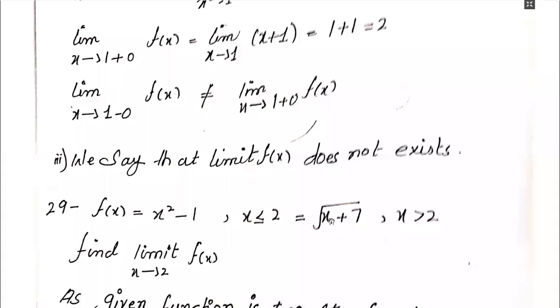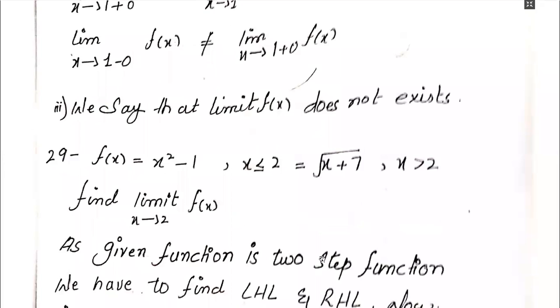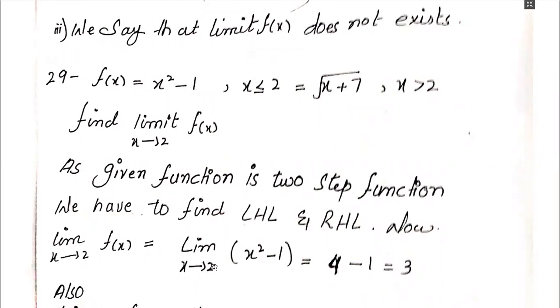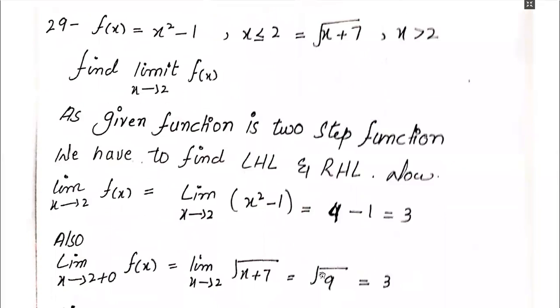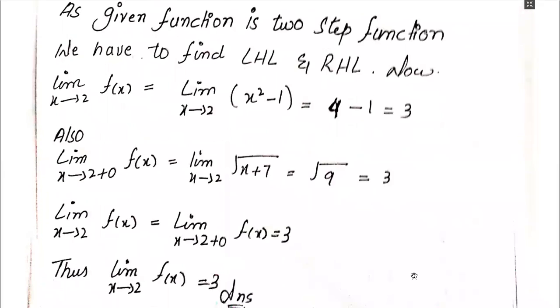For the right hand limit, we will take x greater than 2 and then apply the limit. See here. For the left hand limit, x square minus 1, we get 4 minus 1, 3. And for the right hand limit, we take the second piece, this piece. Right hand limit, we get 3. Left hand limit 3, right hand limit also 3. It means the limit of the function exists.